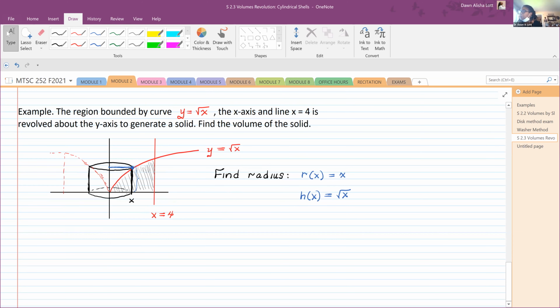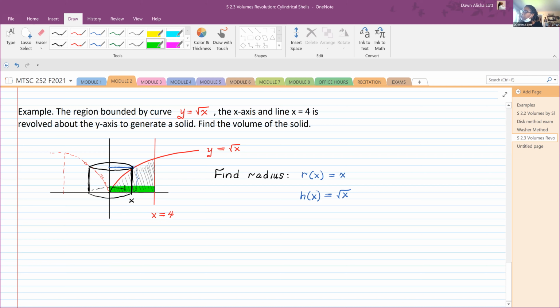Okay, so now I'm done pretty much. I see this line, the side of the shell. Well, that line can start at x equals 0, and then move all the way over to x equals 4.